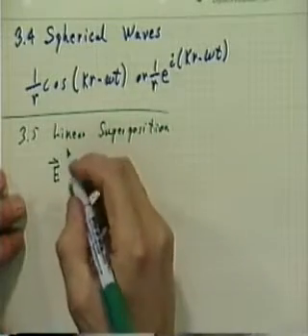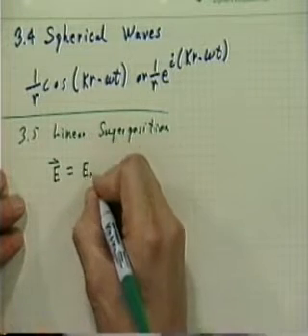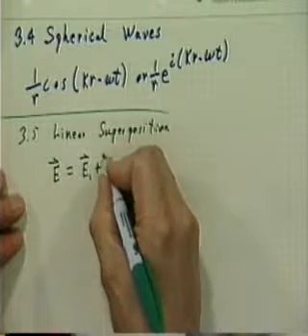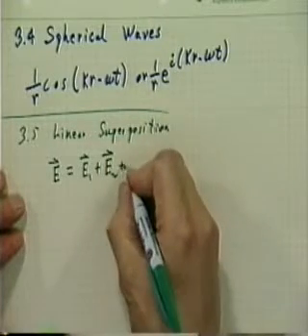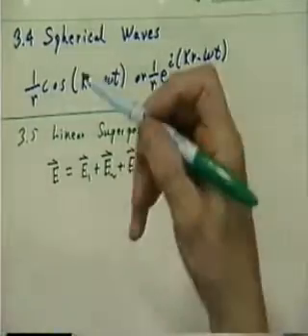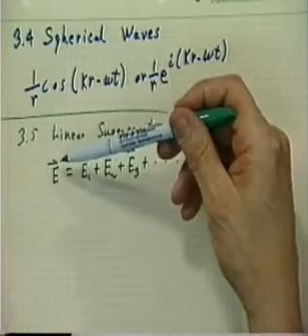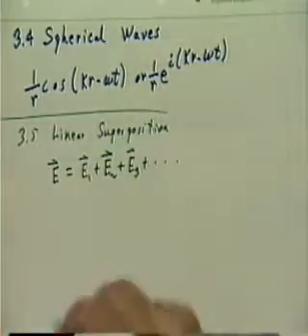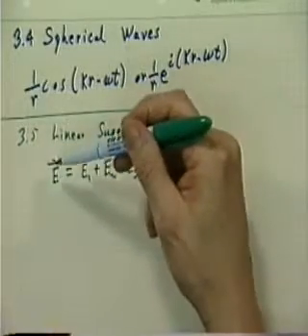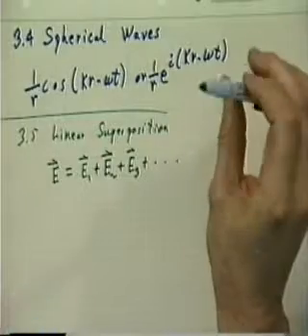And what we want to say is that the resultant electric field is equal to the sum of the individual electric fields. So E is E1 plus E2 plus E3 and so on. The first thing we note is that we're writing these as vectors because the electric field has some direction. And so when we add the electric fields, we have to add them as vectors.